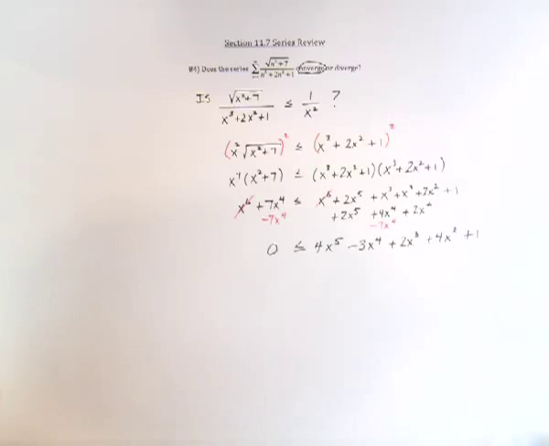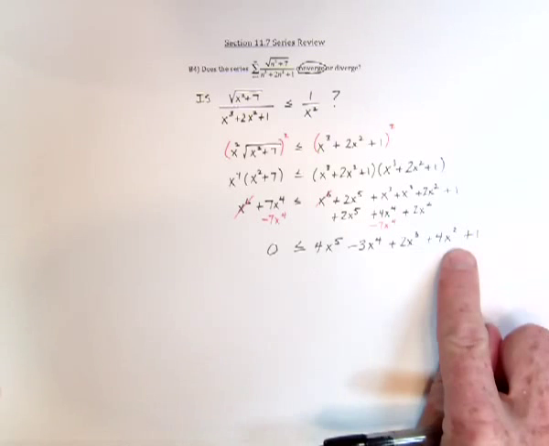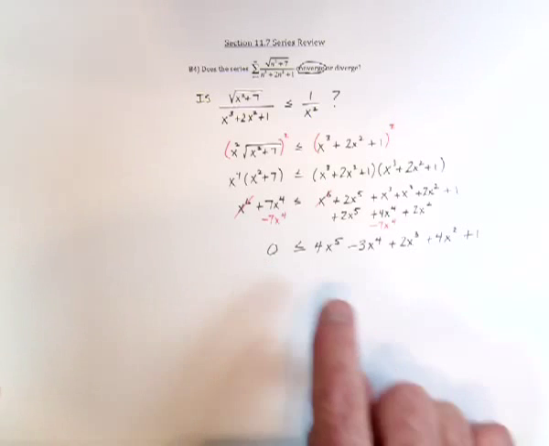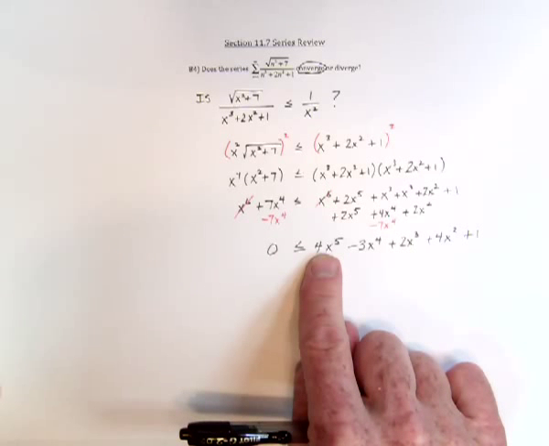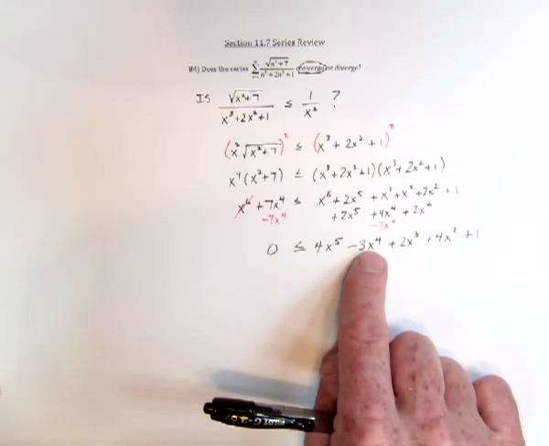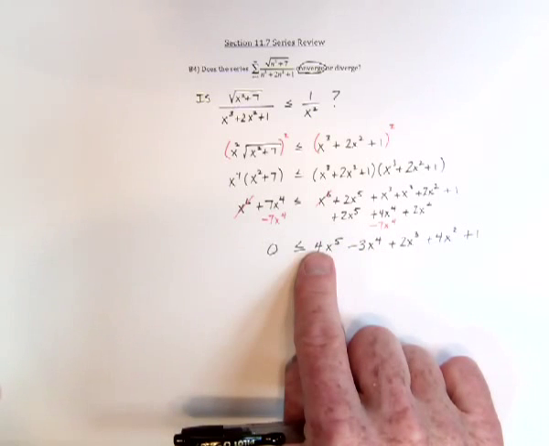Alright, so the question is, is this polynomial positive from some point on? And I can confidently say yes to the answer because this is what controls it, x to the fifth. If you've got something like a 12 in here, 12x to the fifth is going to trump 12x to the fourth, and so this positive term is going to dominate the whole thing.